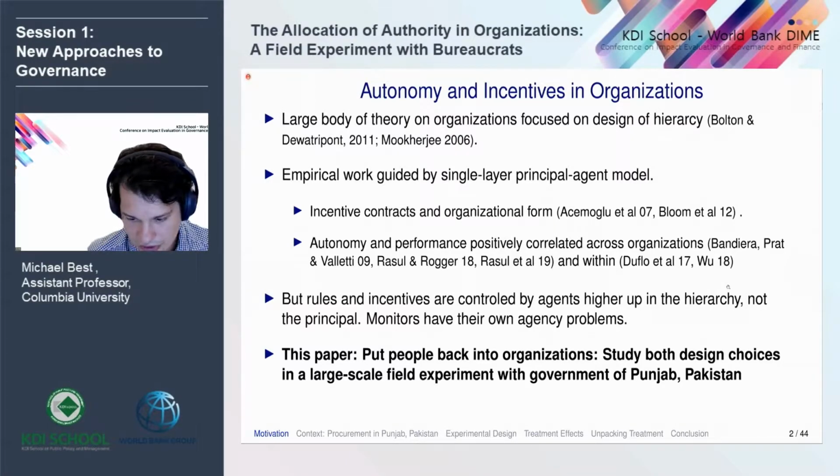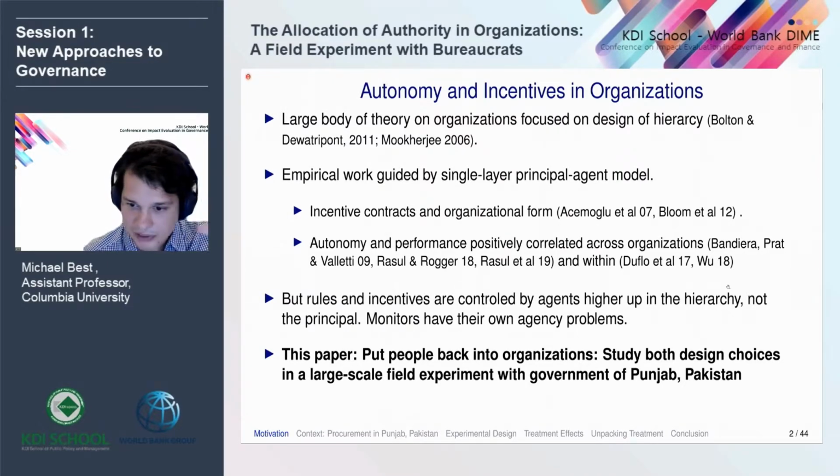But what we're trying to bring to the table here is to consider the possibility, or rather the fact, that most organizations don't actually have that simple structure of one layer at the top and one layer at the bottom, but that the agents who are working to implement the goals of the organization, the people who are working on the front lines delivering public services, for example, are being monitored and incentivized by someone who's sort of in the middle of a hierarchy and is controlling and setting the incentives faced by the frontline workers.